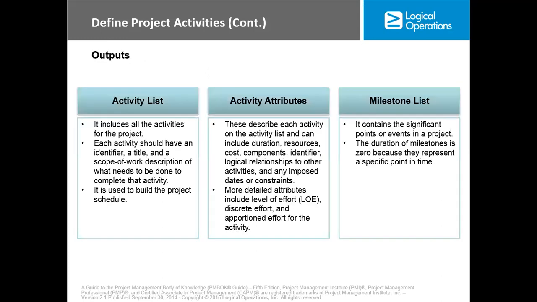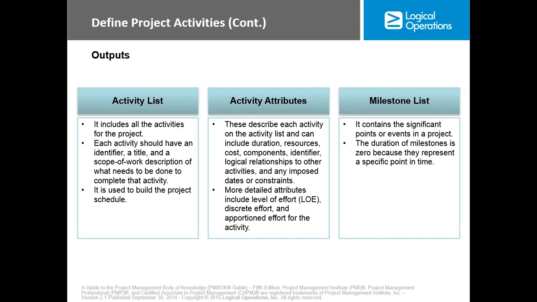Now we have the activity list, activity attributes, and milestone list. The activity list includes all the activities for the project. Each activity should have an identifier, a title, and a scope of work description of what needs to be done to complete that activity. It is used to build the project schedule.